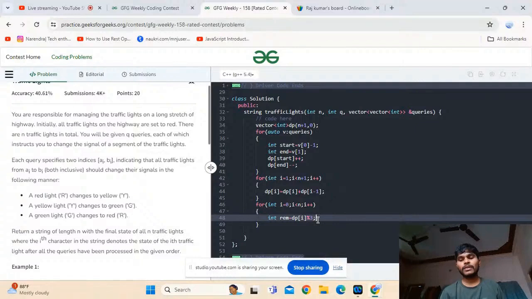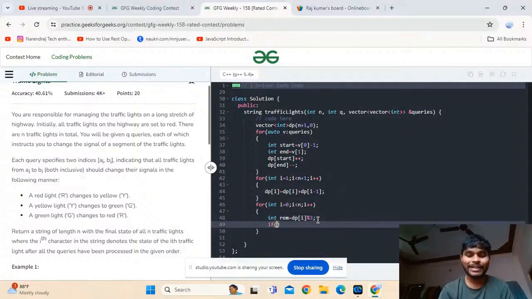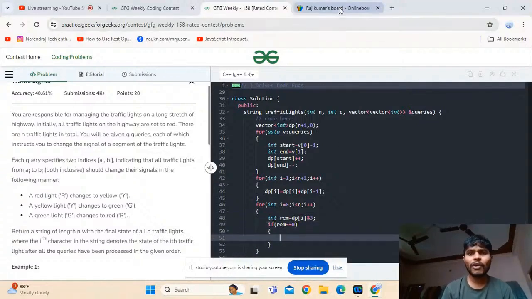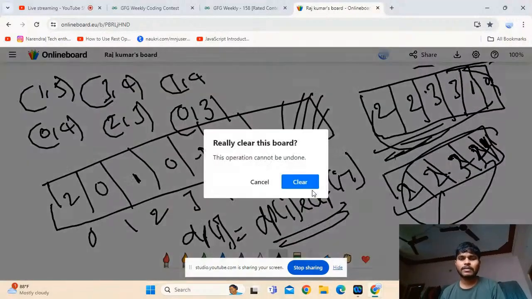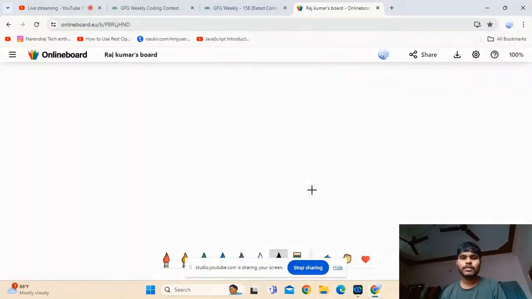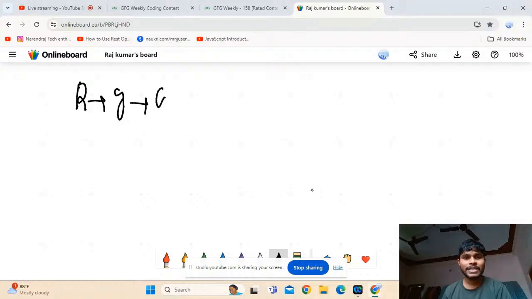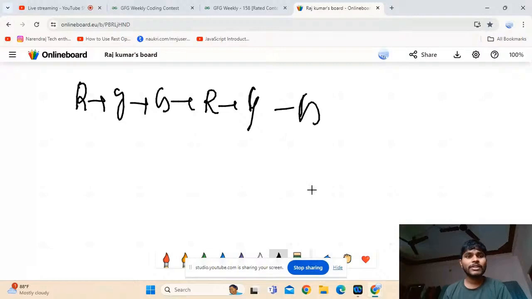modulo 3, I modulo 3. Okay, if rem is equal to 0, I will explain this logic. Here what is happening is, initially it is r, then y, then g, then again r, then y, then g. So if the frequency is 0, if the remainder is 0, then r, right?